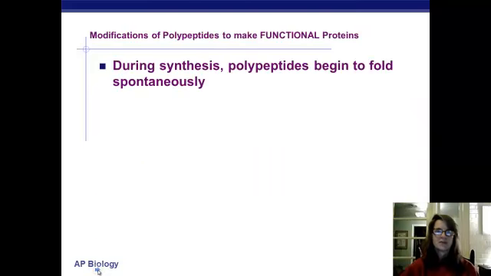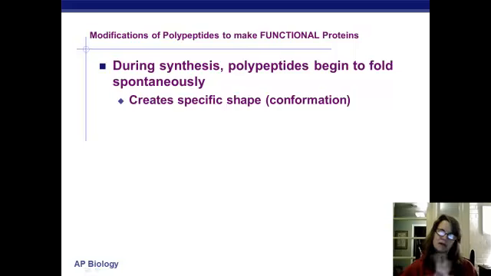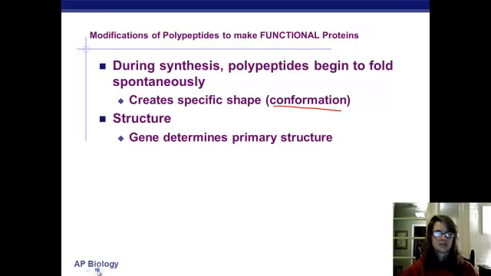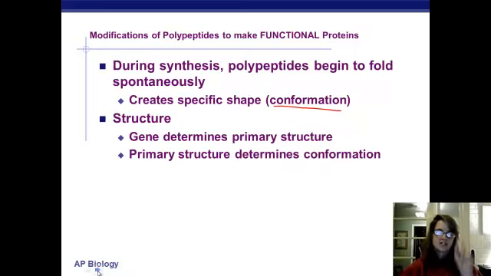Okay? It's also important to remember that that polypeptide, that protein that is made, is not necessarily finished. It's going to start to fold into a specific conformation, a specific shape. And of course, we know shape is really important. The gene sequence determines the order of amino acids, or the primary structure.